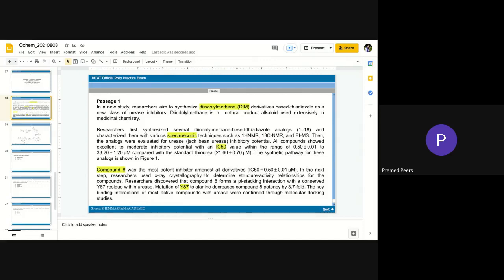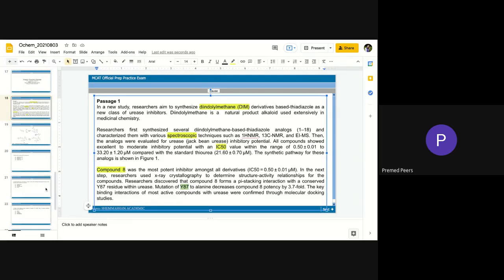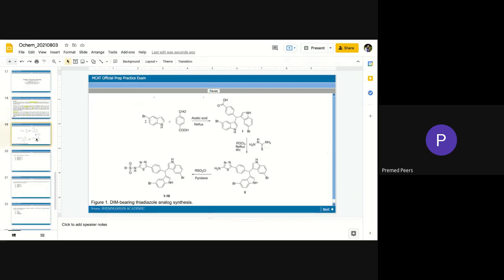And then they use another technique, X-ray crystallography, and then compound 8, and then they do a mutation. Usually whenever they say mutation, I highlight it just in case I need to go back to the passage without getting lost. And then the second page shows me the figure, so the reaction, I guess.